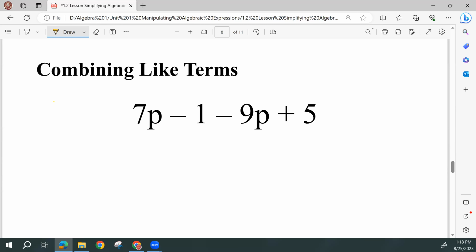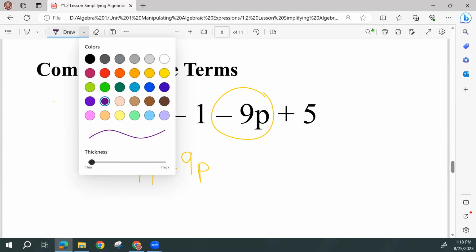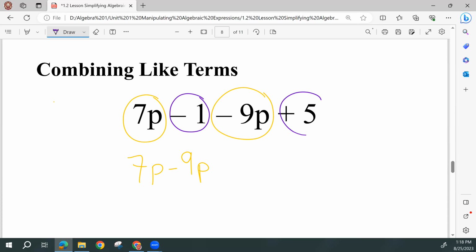Here I have a 7p, which is positive. If there's no operation in front of it, we assume it's positive. A -9p, so I'm going to write those together. And then we have a -1 and a +5.